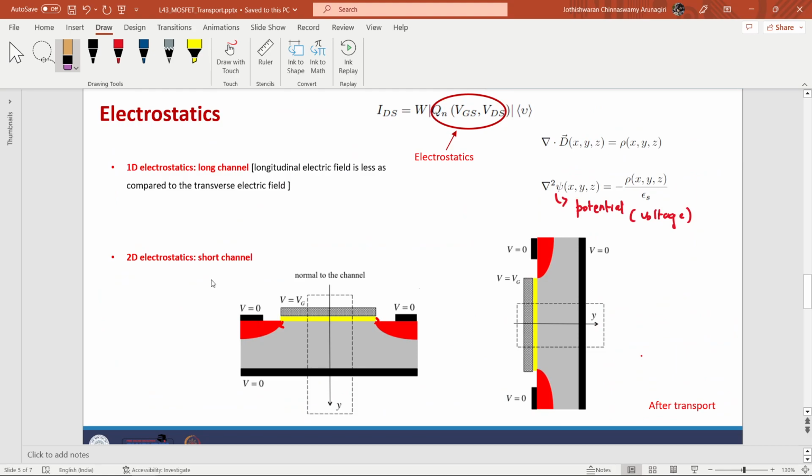After that, the basic analysis of the devices. So how are we going to go about performing the analysis of our short channel MOSFETs, our ballistic MOSFETs? First, the potential profile and the charge carrier distribution will be obtained using 2D electrostatics.